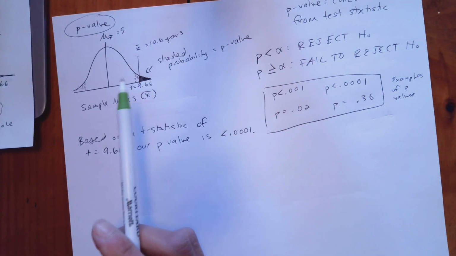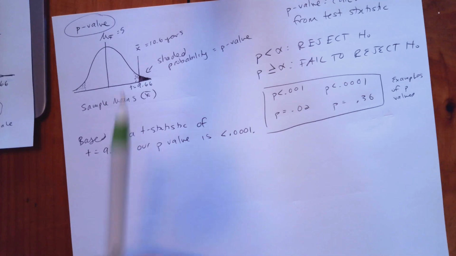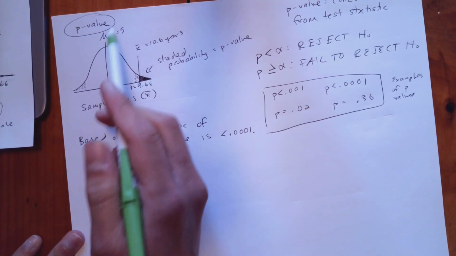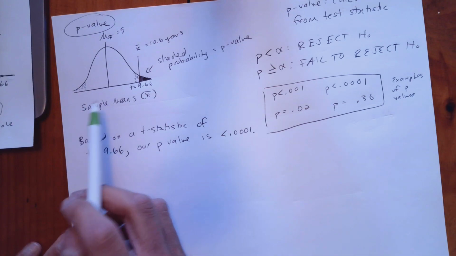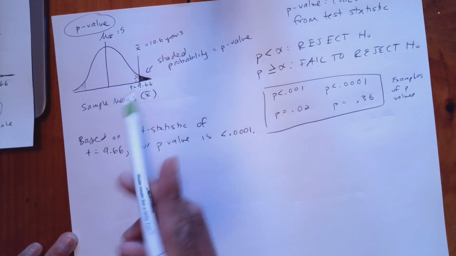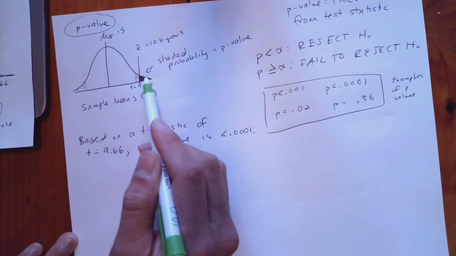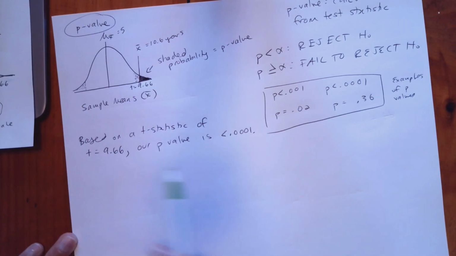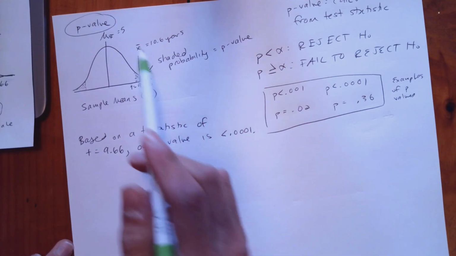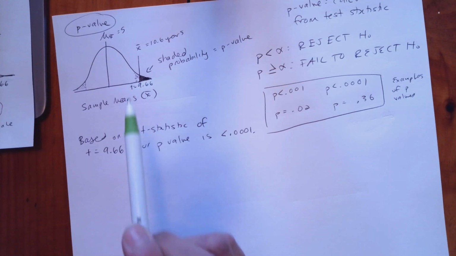So again, if the true population mean is really equal to 5. Say that one more time. The p-value tells you that if the true population mean is 5, which is what we've written here, the chances that you would get a sample mean of 10.6 years or greater, because we're shading in all this area past that value, is less than 0.01%. So it's really, really unlikely that you would see a sample mean this big or bigger if the true population mean was equal to 5.